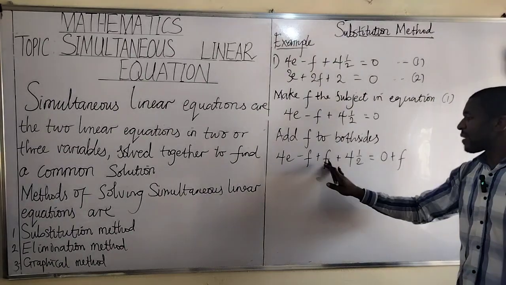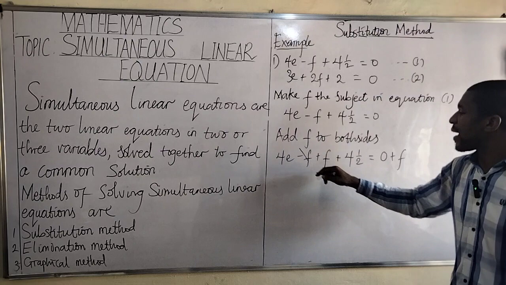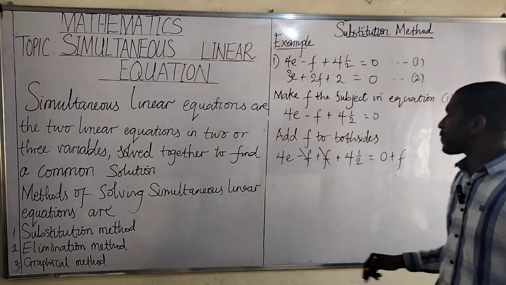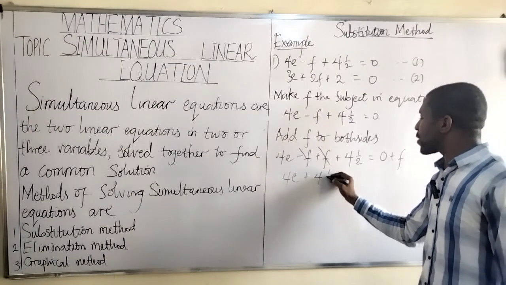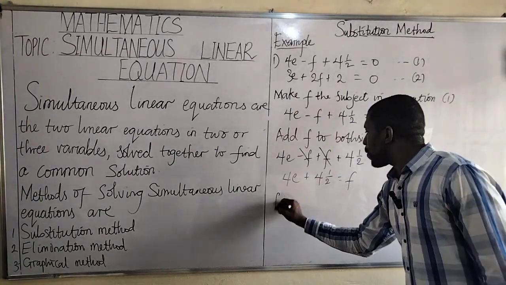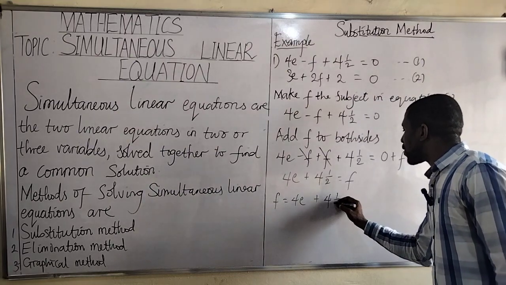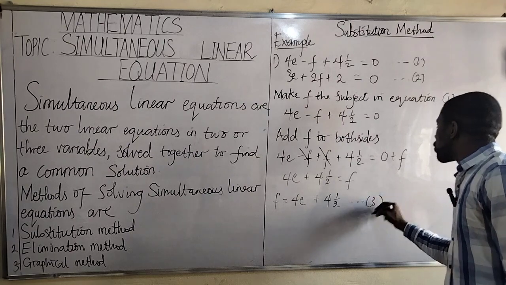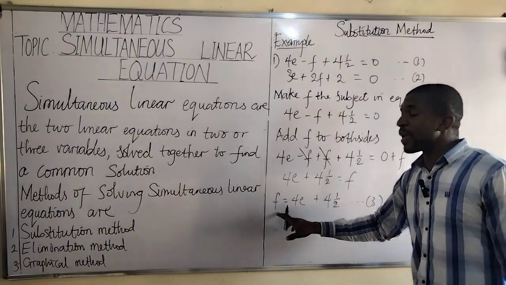Negative f cancels the positive f. We are left with 4e plus 4 1/2 equal to f. You can rewrite this as f equal to 4e plus 4 1/2. Then label it equation 3.